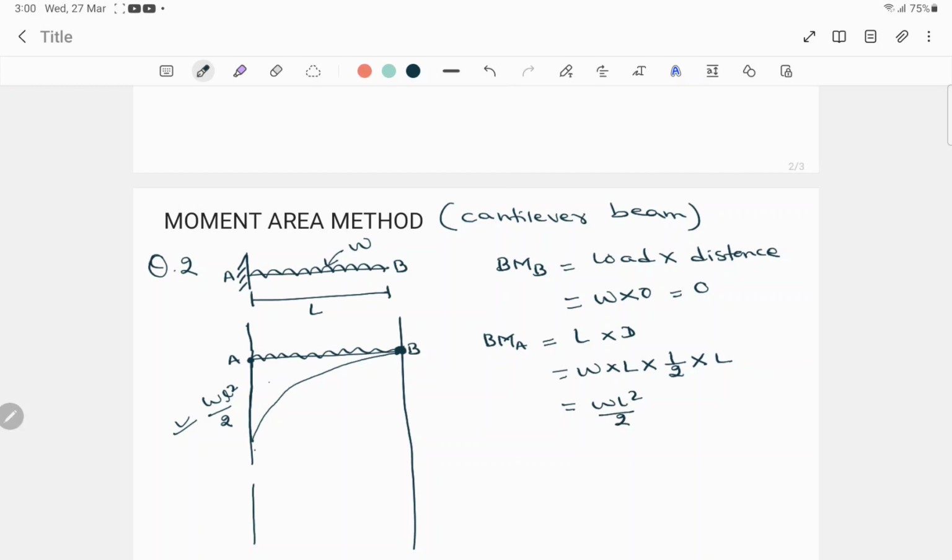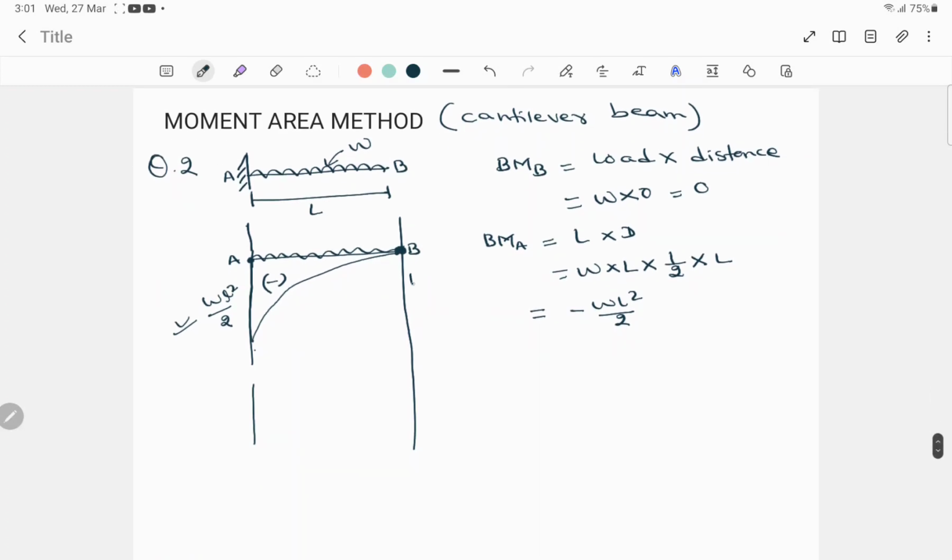It is always negative here, so you have to put a negative sign. So this is the bending moment diagram.